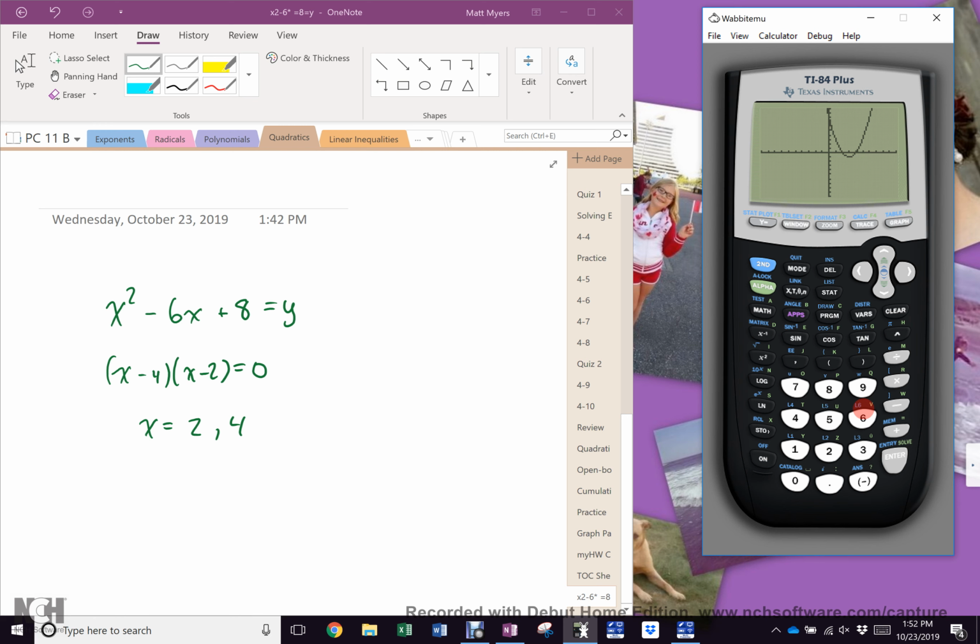Everybody look at the blue word above the button that says trace. What does that word say? Calc. What do you think that's short for? Calculate. It's blue. How do you think we access the blue? Second calc.